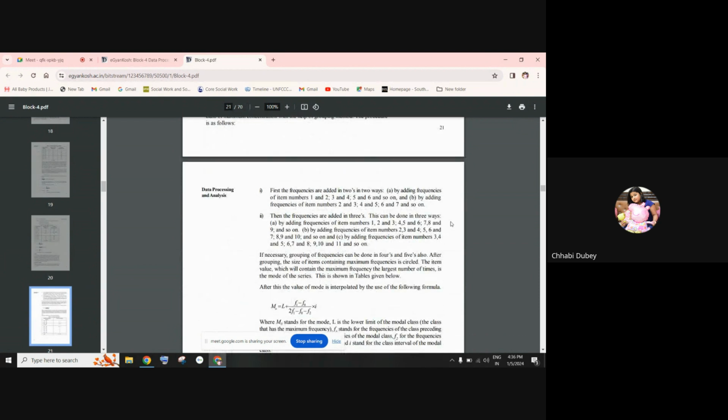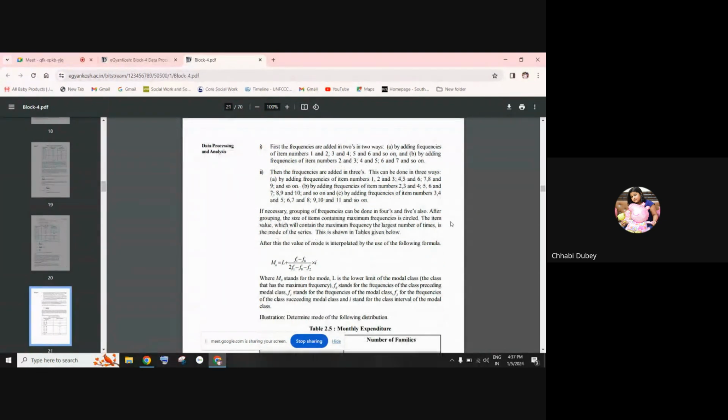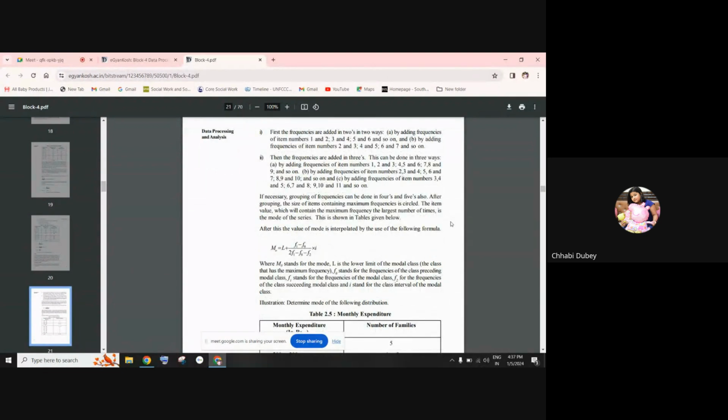Now, we have been given again the formula for the mode. So we can apply this formula, and again we can find out the mode for a given set of data.